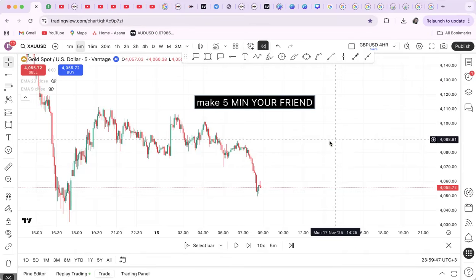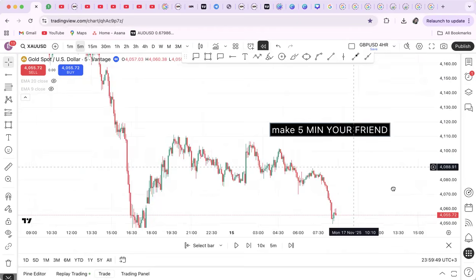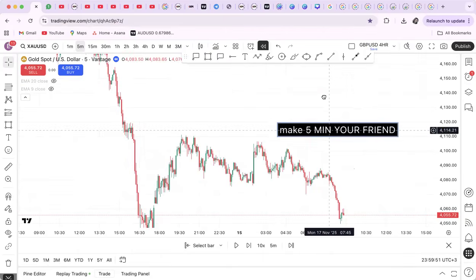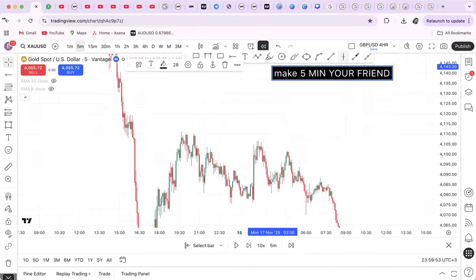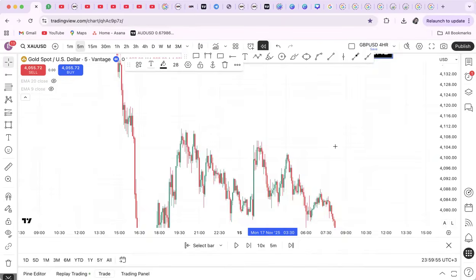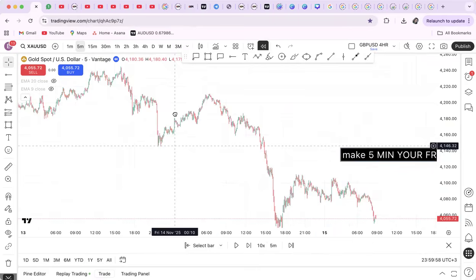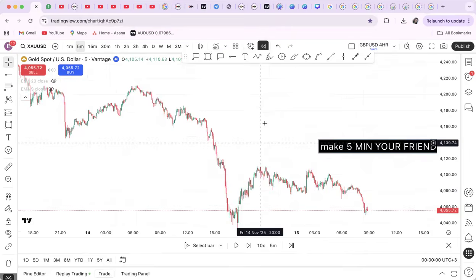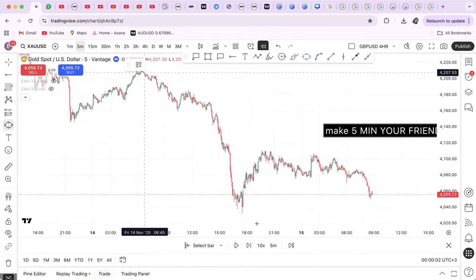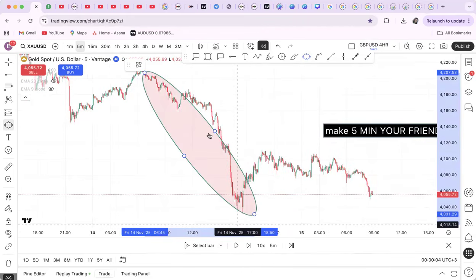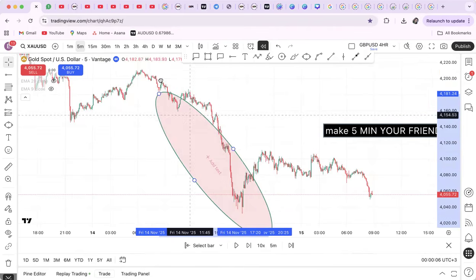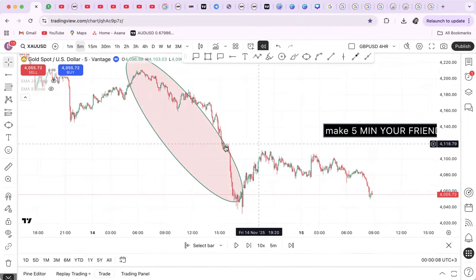Now, first of all, I want you to understand the trend that you're in. Now, this being my 5 minute, I can clearly tell that the sellers are in control. You can see from this drop, this is an amazing drop. The sellers are in control, so the market is on a downtrend.